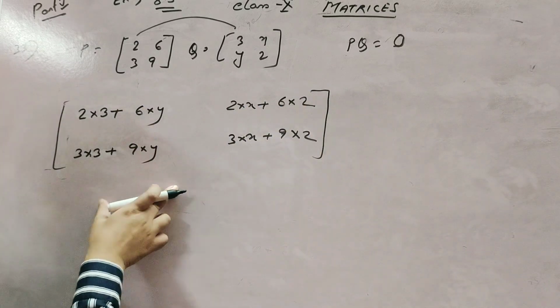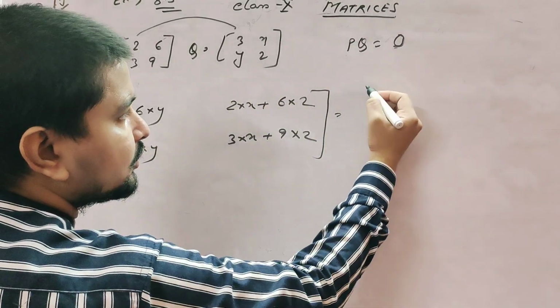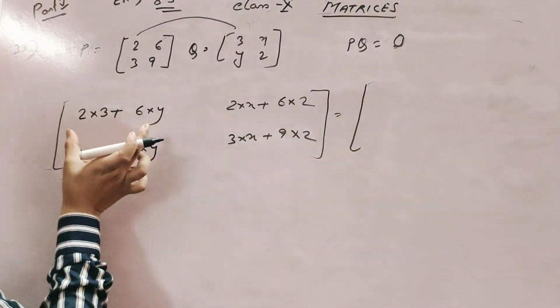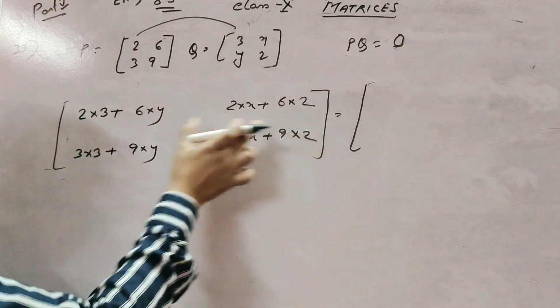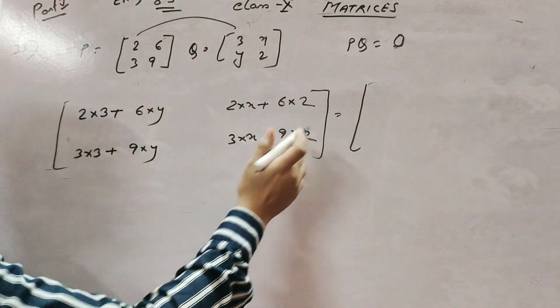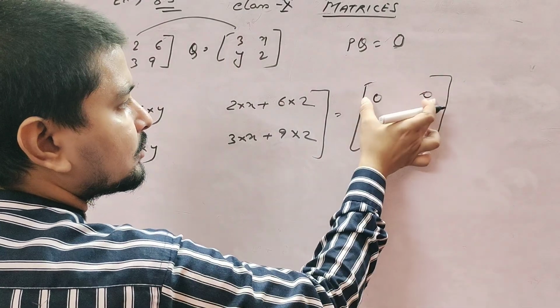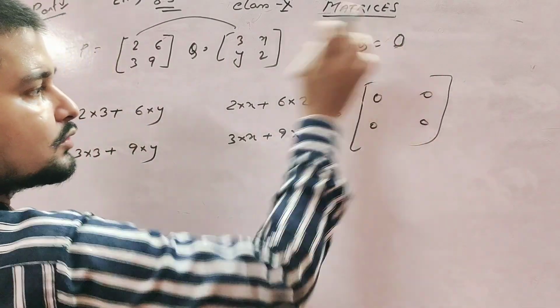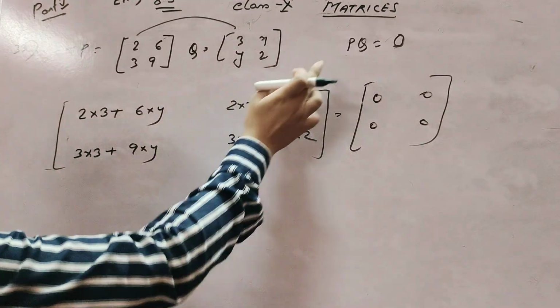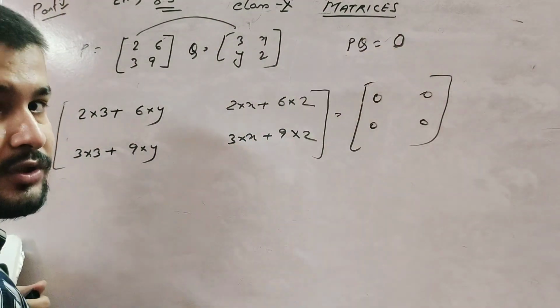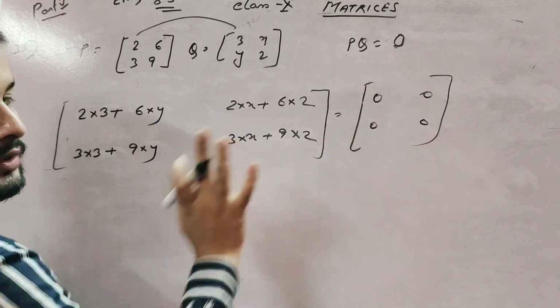Okay, there is PQ, and PQ is equal to what? 0. That means the null matrix. So you got the answer 2 by 2, that means 2 rows and 2 columns. So your null matrix is also 2 rows and 2 columns, equal to 0 as given. Okay, that means this PQ portion is equal to what? 0, and each number is equal to 0.